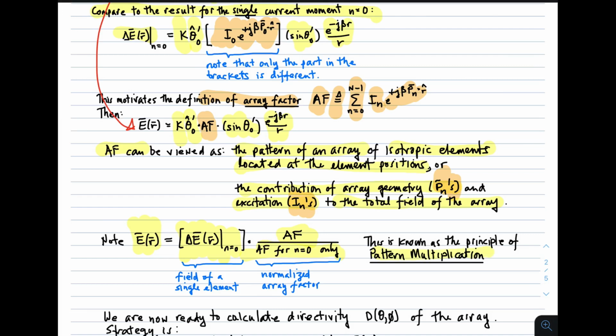We say that under the conditions that we have imposed here, the radiated electric field is equal to the radiated electric field of just one element. Again, all the elements have the same orientation but different positions. And then separately, we can account for the array, the number of elements, where the elements are, and so on. And that's what's going on here. That's pattern multiplication.